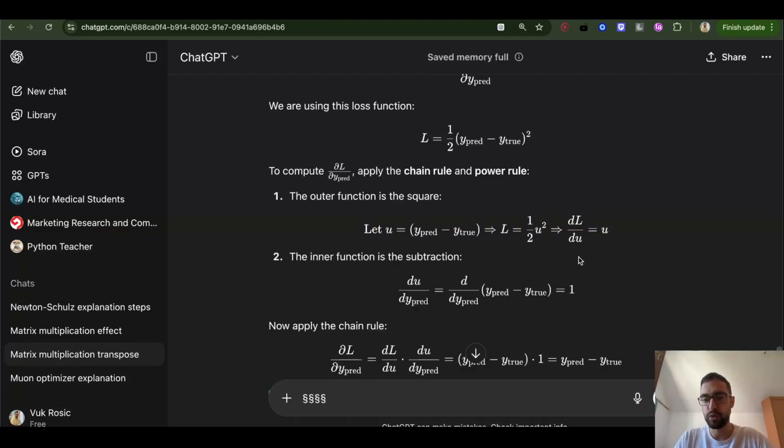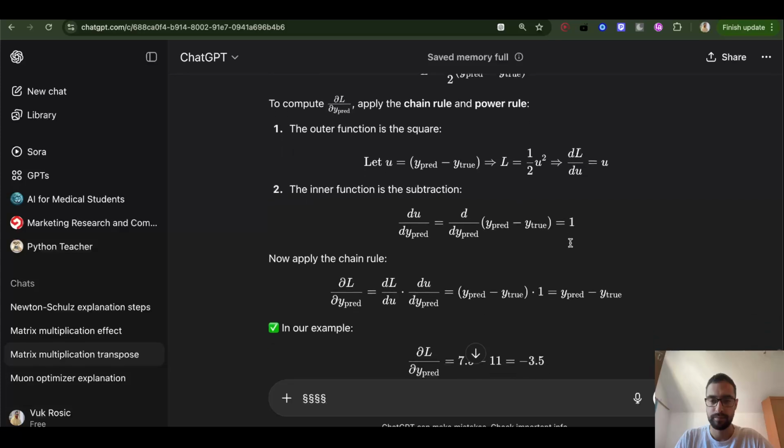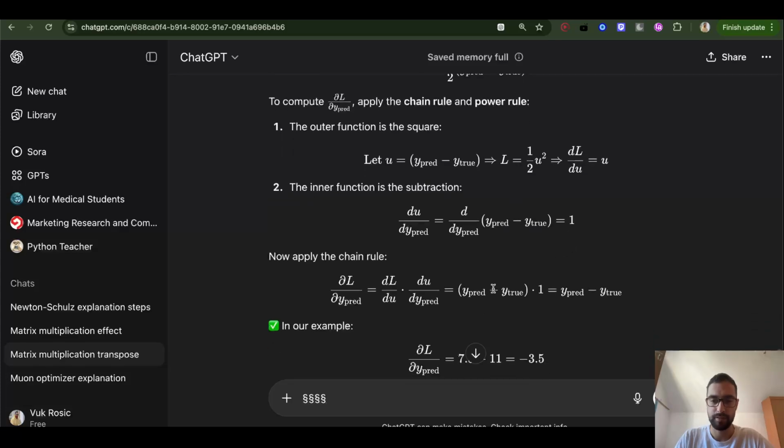Because you separated these two functions, now we need to apply the chain rule, which just says we need to multiply both derivatives. The first, u, was just this thing in the brackets. So we put the thing in the brackets times 1 from the second derivative.